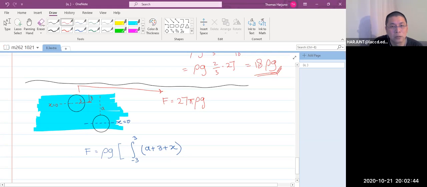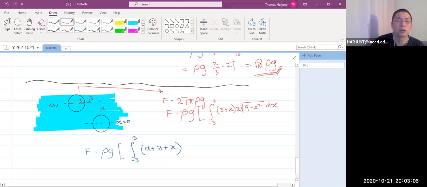Right? Let's see the setup. Original setup there is F equals rho g integral from -3 to 3 of (3 plus x) times 2 square root of 9 minus x squared dx. That's what we had earlier.